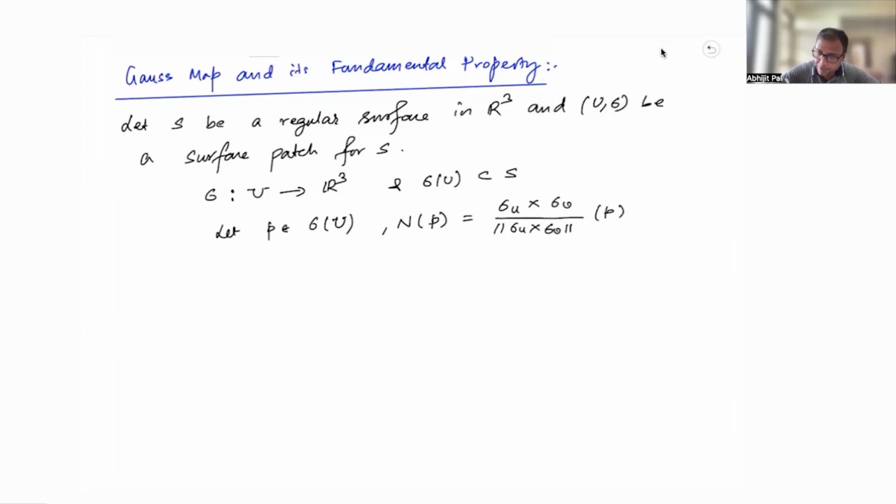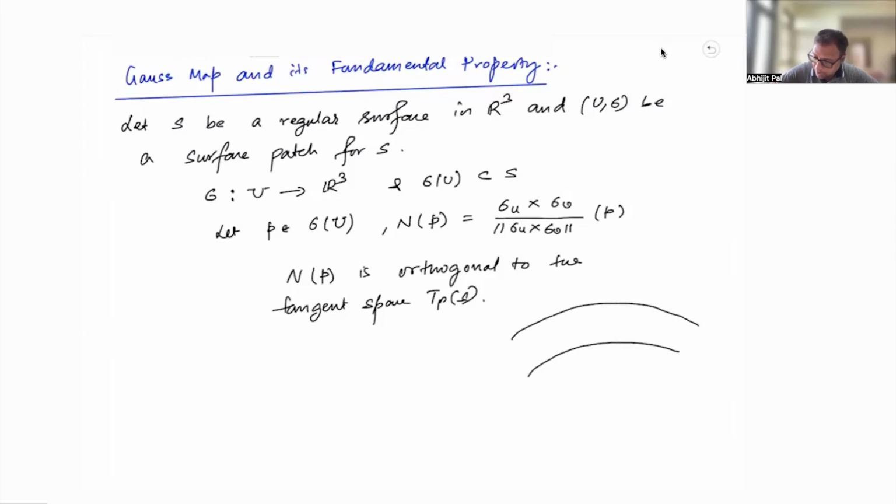So this N_P is normal, or orthogonal, to the tangent space. Let me draw a picture.